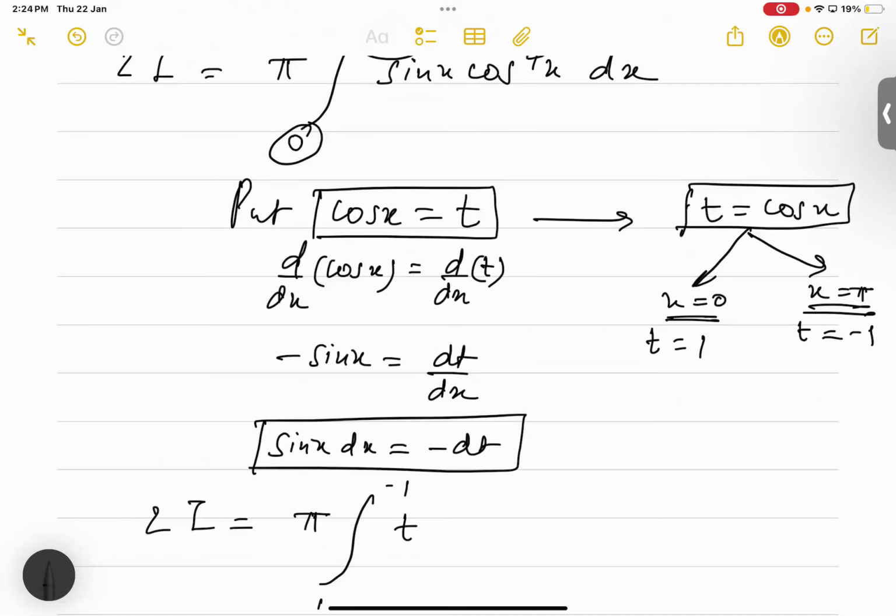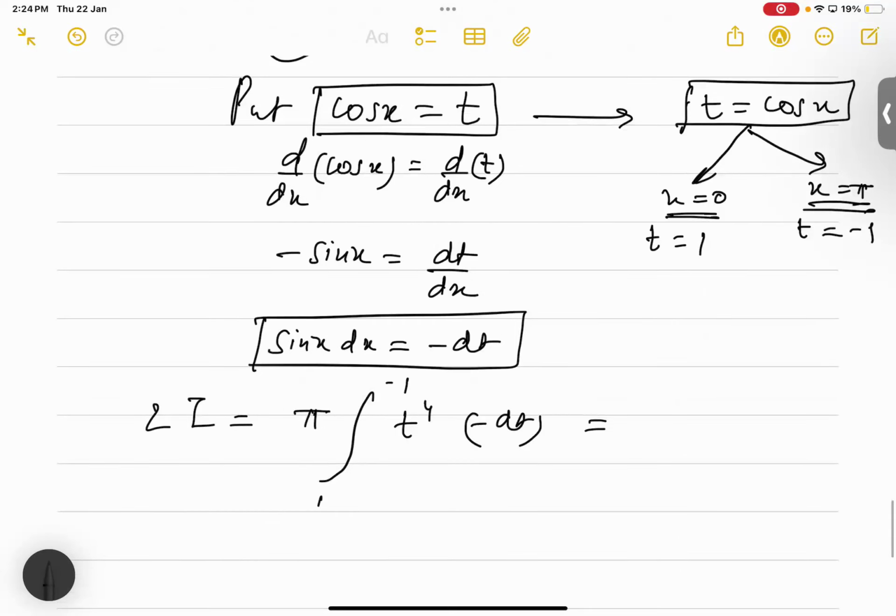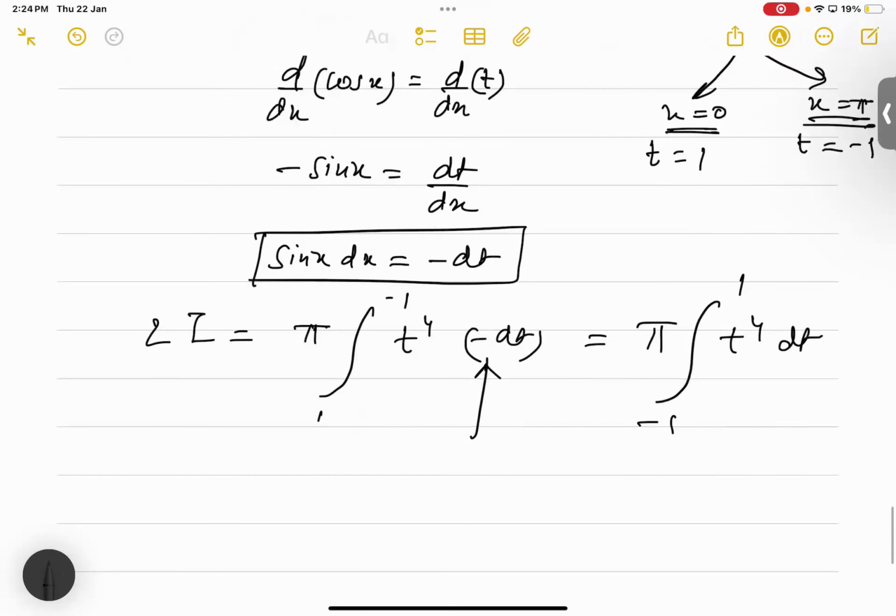Cos x is t raised to 4 and sin x dx is minus dt. Now I have to eliminate this minus sign. What should I do? Correct, interchange the limits. T raised to 4 dt, same answer. Interchanging the limits is a property, and it takes care of the minus sign.